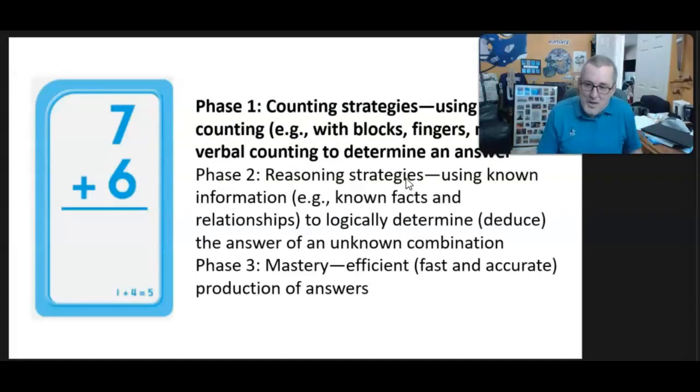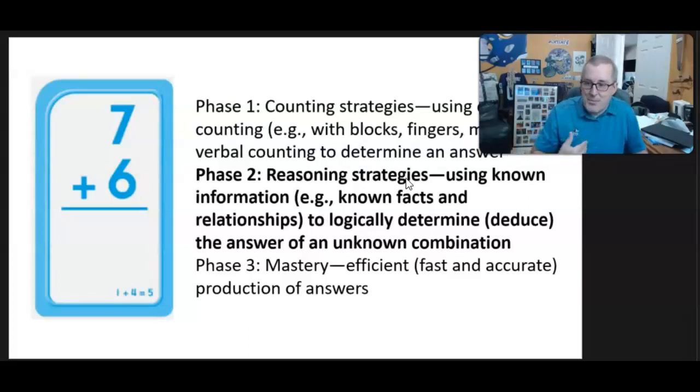So in phase 1, we want to focus on strategies, and jumping to the flashcards is not going to do it in phase 1. We have to let the development happen and not rush to that algorithm or to that rote memorization, and let the concrete ideas persist, and then get at different reasoning strategies for students. Like for instance, making 10 is a strategy.